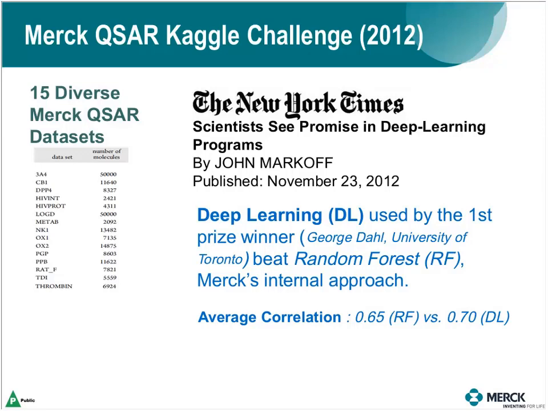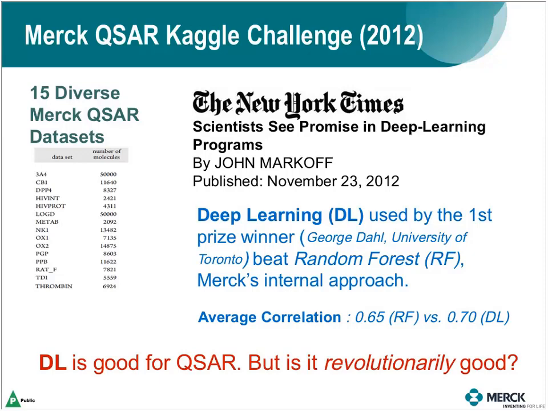This is a result averaged over all 15 data sets. The whole thing was even partly published in this New York Times article. So now let's move on to the fundamental questions.